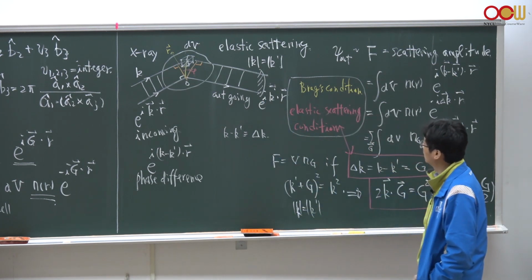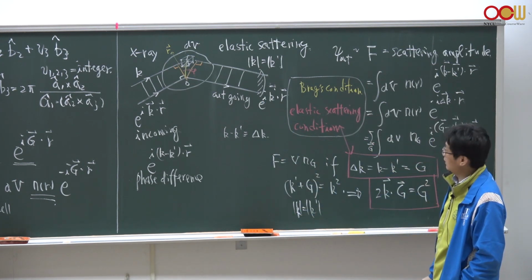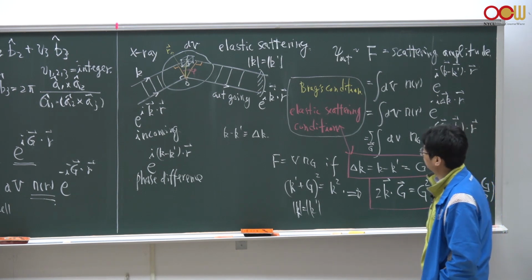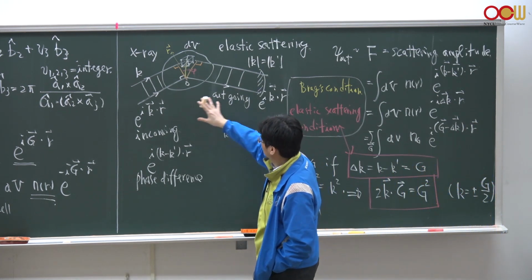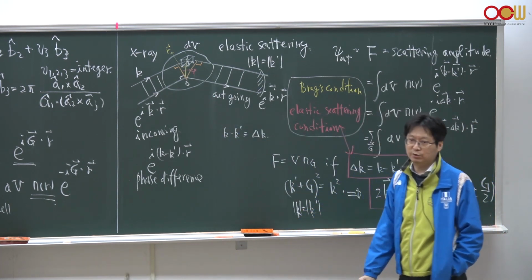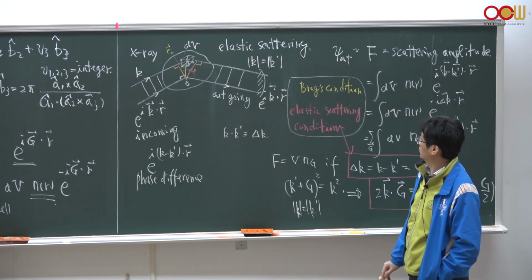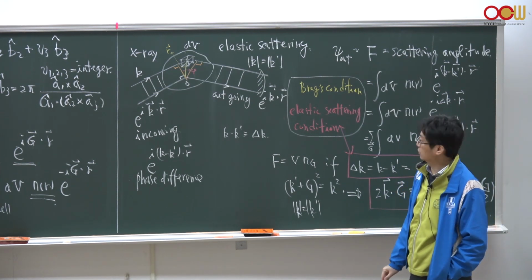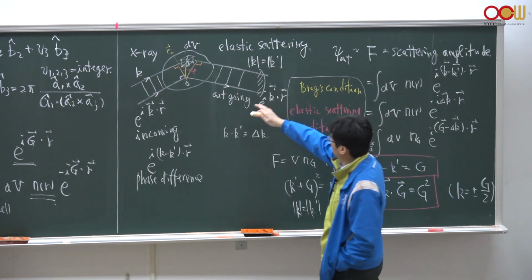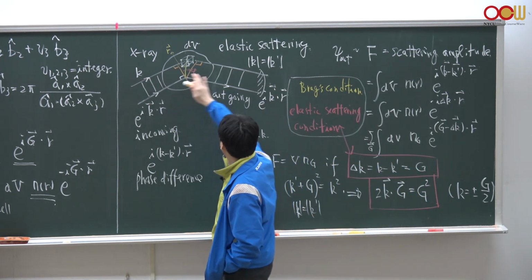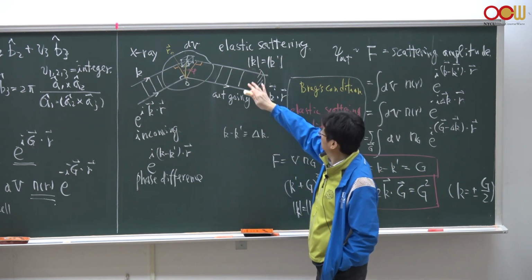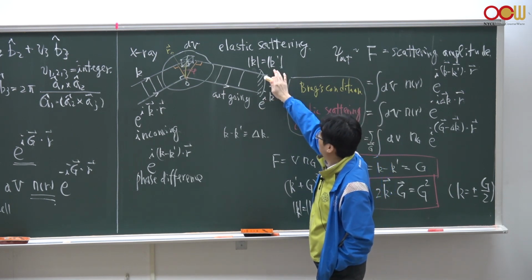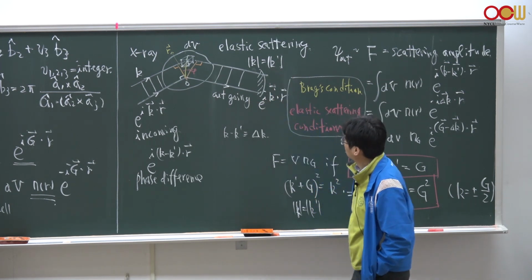Okay, so during this scattering process, those X-ray particles don't decay to other particles, and so their momentum is actually conserved. Therefore, this incoming momentum k with the magnitude |k| is actually the same as |k'| after the scattering.